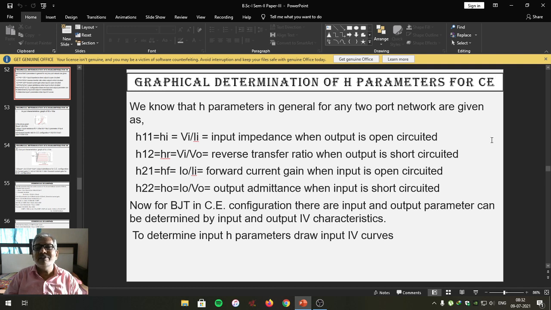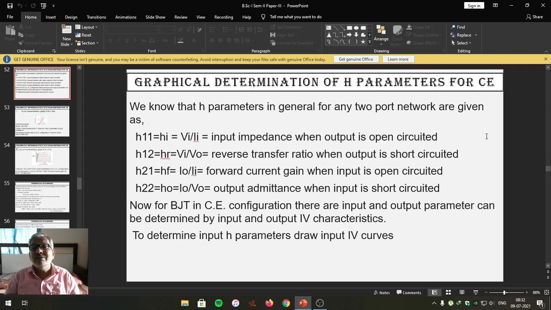Dear students, we have studied the H parameters in paper number first in the last semester for the two-port network. You consider a two-port network as a black box which has two inputs and two outputs.